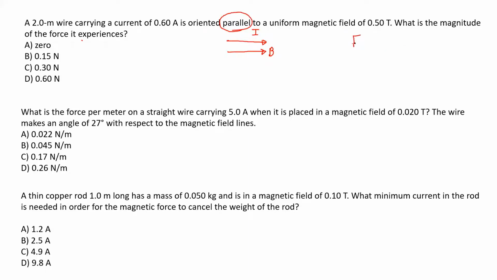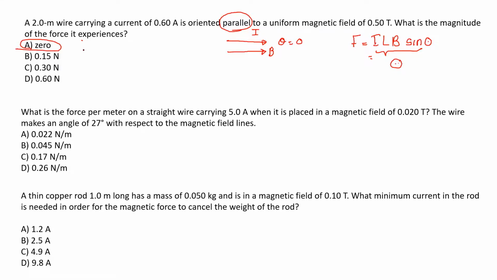So we know the equation has a sine term, so it is ILB sine 0. Why? Because they are parallel, right? Theta is 0, so it makes the value 0. So no force.